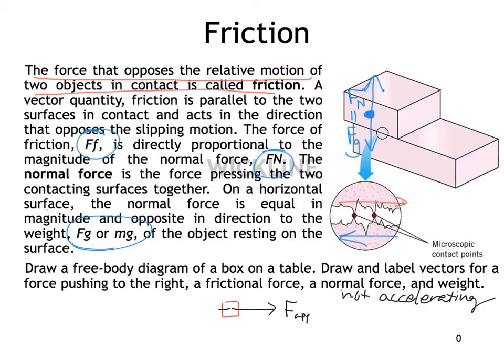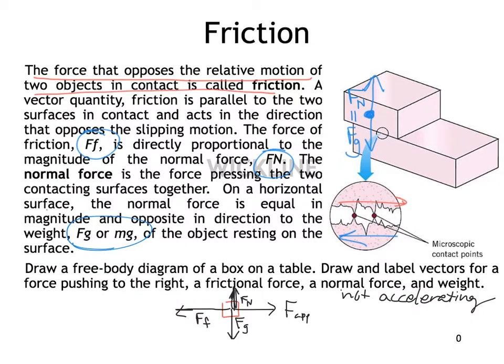Then that means that I'll need an equal size arrow. That's a bit long, but we'll pretend it's equal. And this is the frictional force. The weight is going to point towards the center of the Earth, always. That's Fg. And equal in size to that one will be an upward force, Fn.